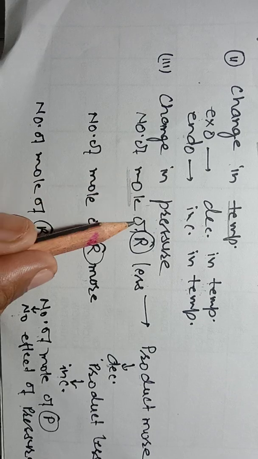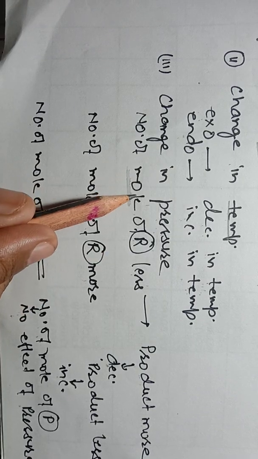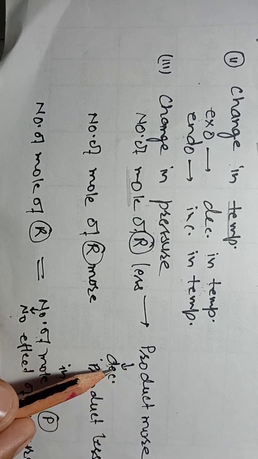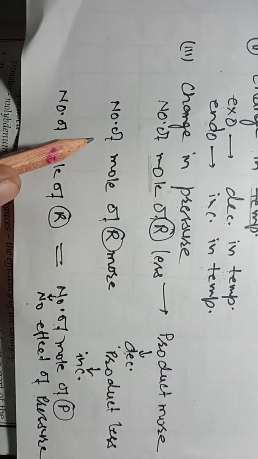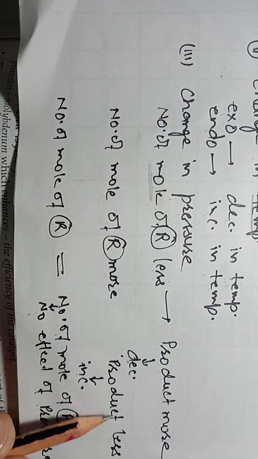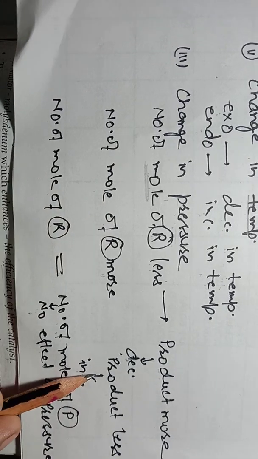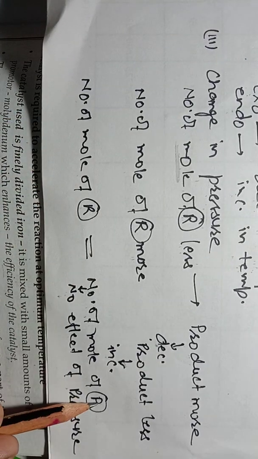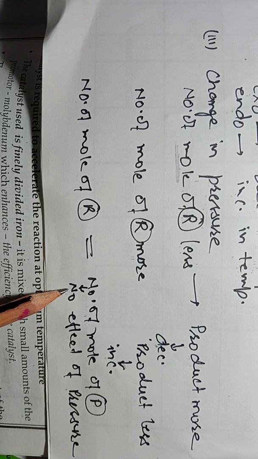If the number of moles or volumes of reactant are less and product more, you will decrease the pressure. If reactant are more and product less, you will increase the pressure. And if the number of moles of reactant and product are equal, there will be no effect of change in pressure.